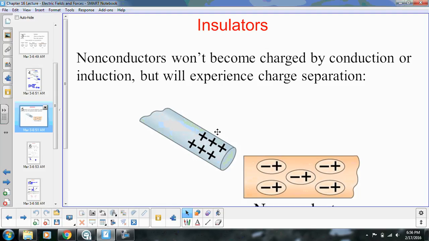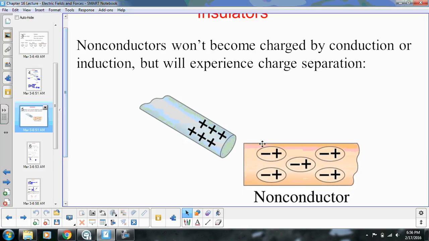But notice that when I bring this charged object near this non-conductor, there is a charge separation within the atoms in the insulator. So the electron clouds are effectively shifting. If I have this positively charged thing near this insulator, the electron clouds are going to be attracted to that positive charge, so they're going to shift towards the positive charge. That results in this negative charge on the surface of the insulator. But the insulator still has a neutral charge.